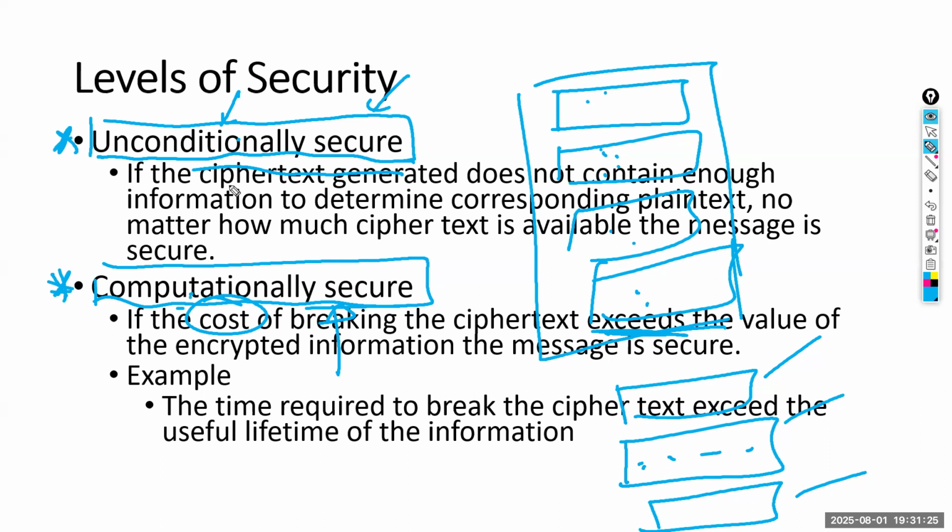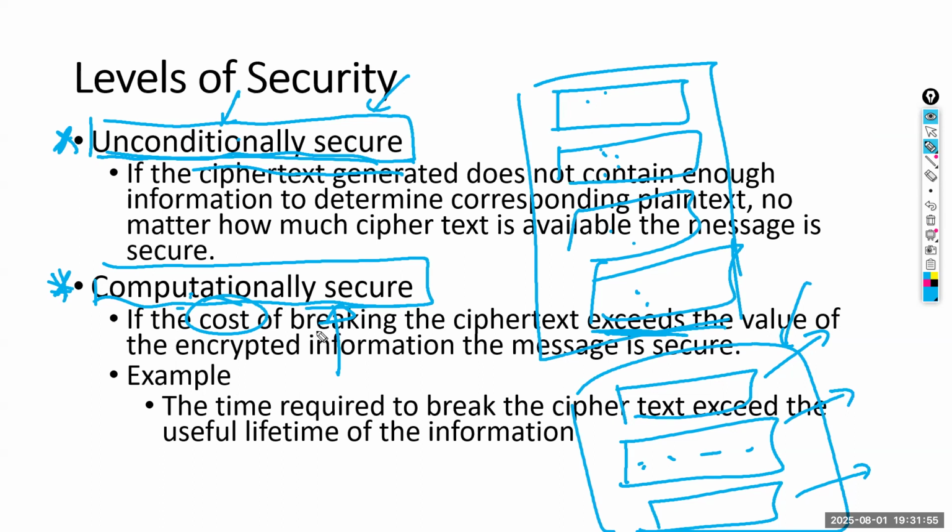We don't need unconditional security. But if we can make sure that, say, the useful time period for this data is 1 year, and even a very high speed supercomputer can't analyze and break it within 1 year, that is good enough, because after 1 year the usefulness period is over.